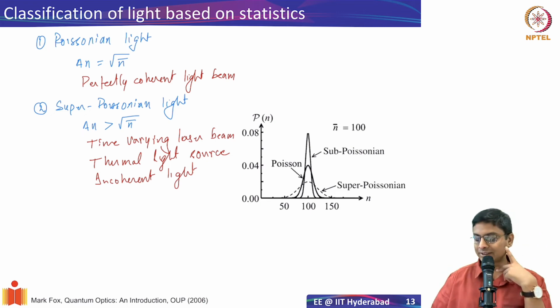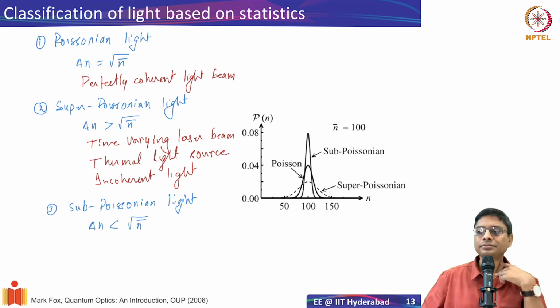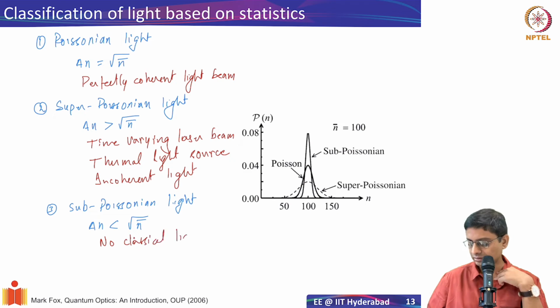Okay. And the third class is basically going to be Sub-Poissonian. Okay. What do I mean by that? Well, I mean delta n is less than square root of n bar. And this is a situation where we don't have any classical analog. No classical light can exhibit Sub-Poissonian statistics.